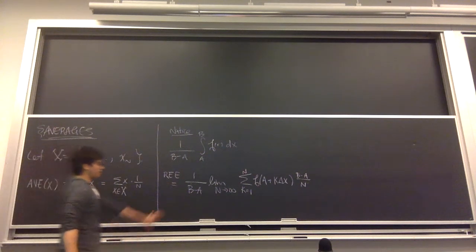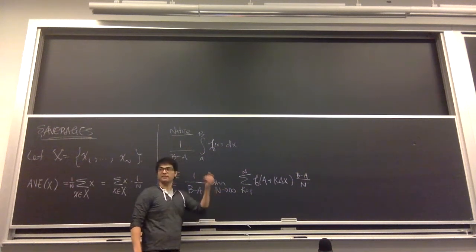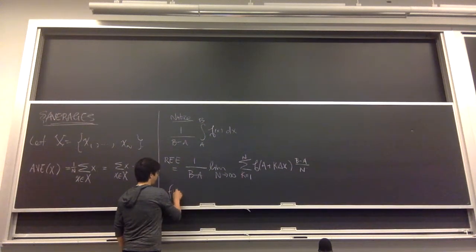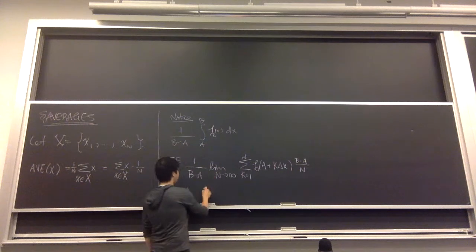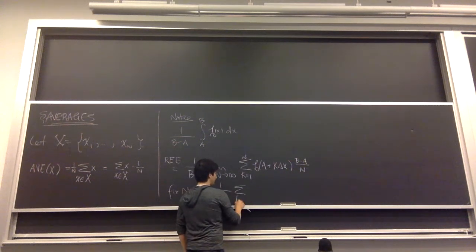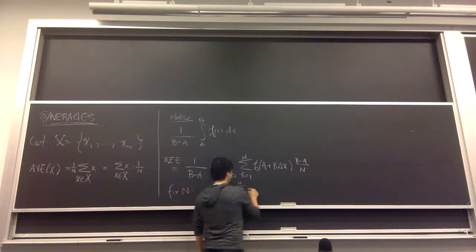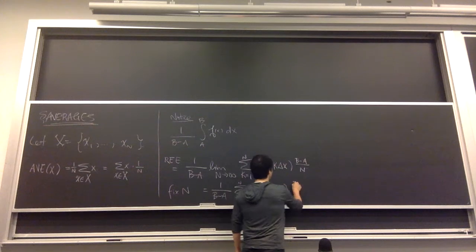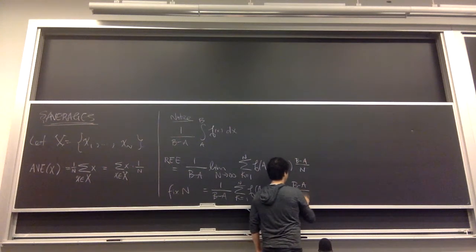Okay, let's now just remove this limit. Just fix n. Just choose something big, right? So fix n, and we have that this is equal to 1 over b minus a, the sum k equals 1 to n of f of a plus k delta x, where delta x is b minus a over n.